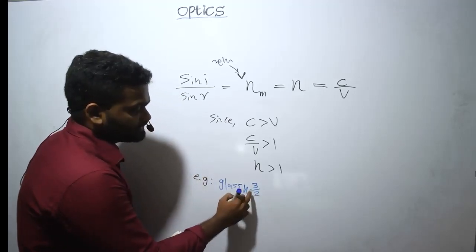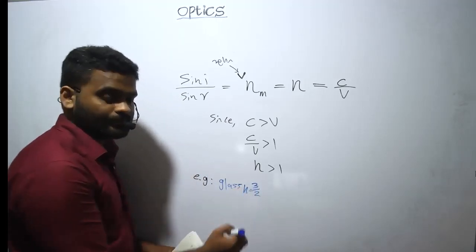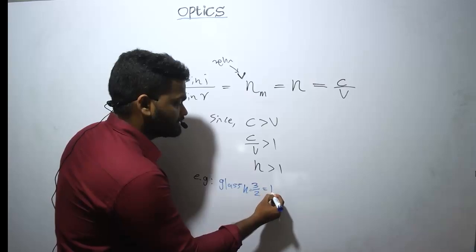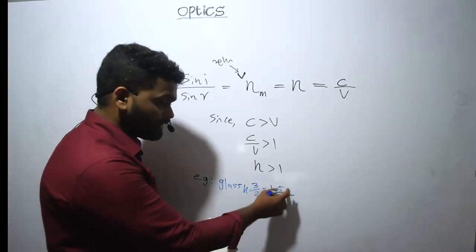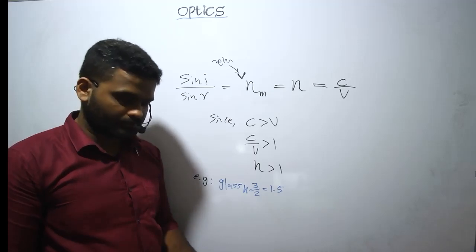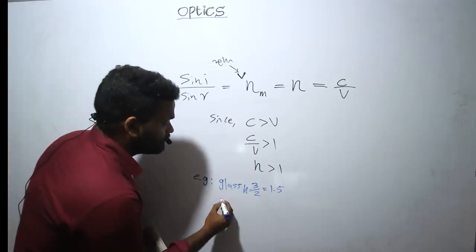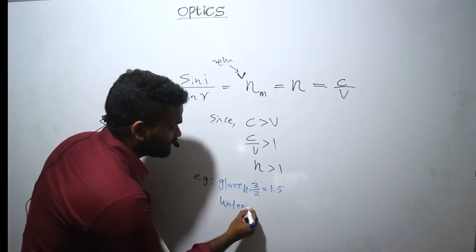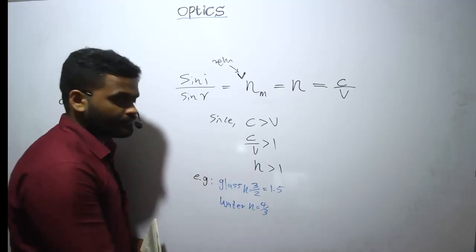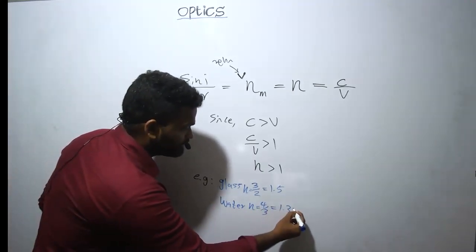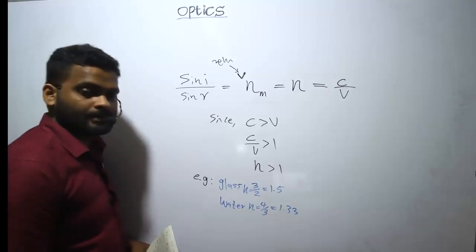As a decimal, 1.5. 3/2 means 1.5. Then for water, what's the refractive index as a fraction? 4/3. So this is 1.33.